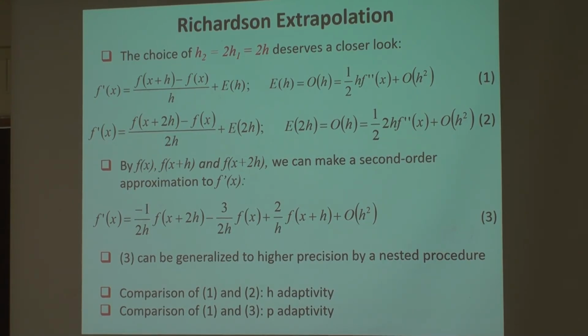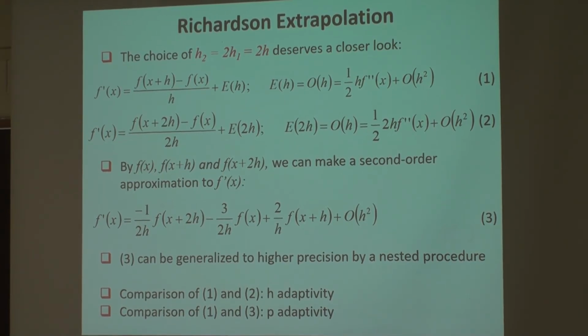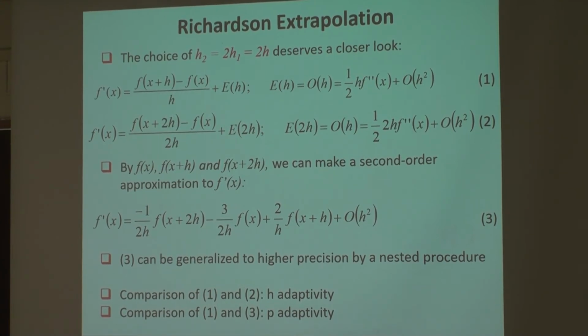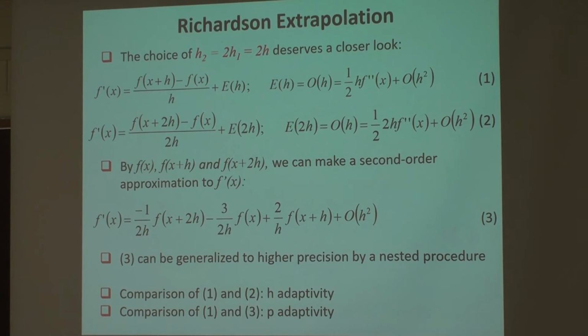Moreover, I use H and 2H to formulate a second order approximation. I even know the order of change of my unknown function: is it closer to a first order change or a second order change? Without knowing the ground truth. Let me give you something even better.